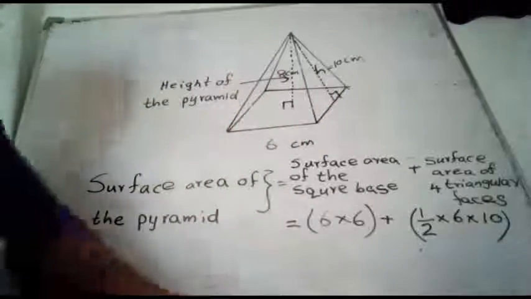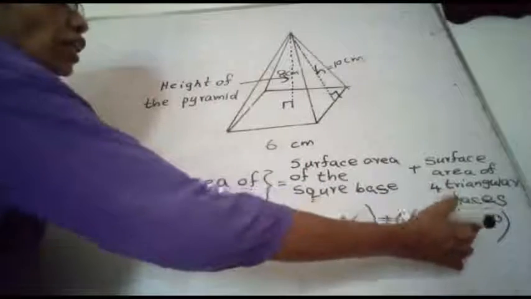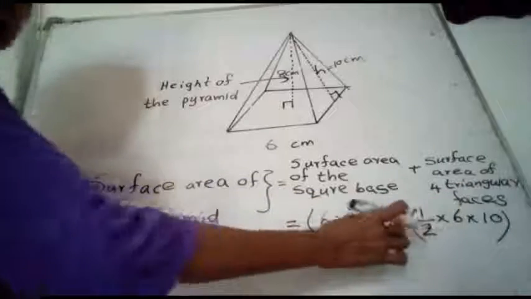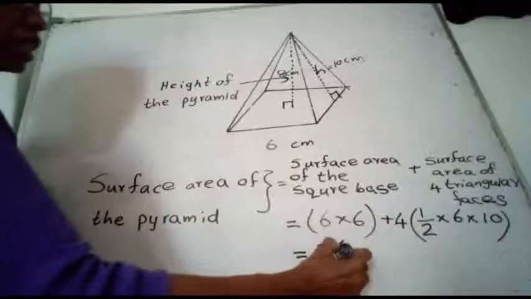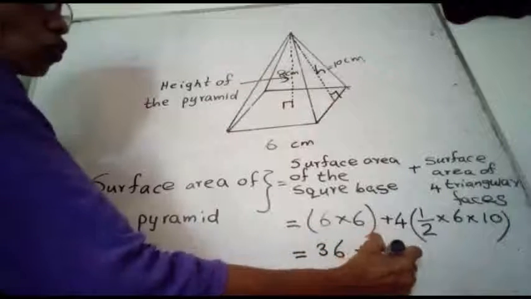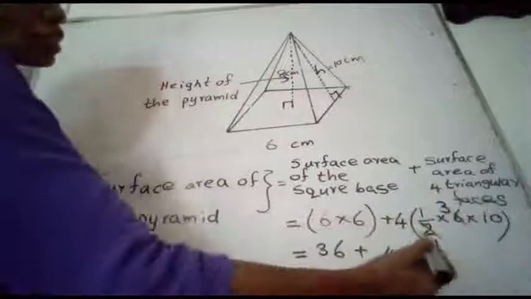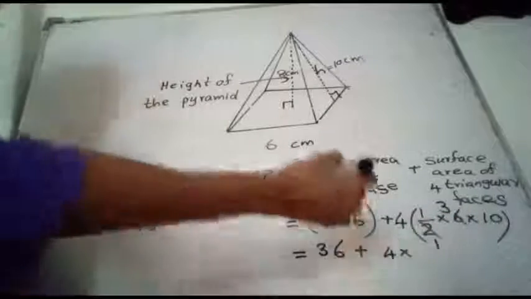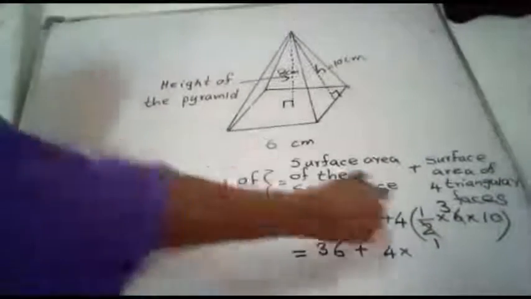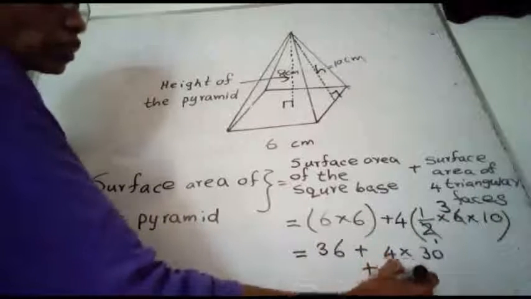Then this square base pyramid has 4 triangular faces. We multiply the area of one face by 4. Area of the base is equal to 6 times 6, 36, plus 4 times the area of one triangular face, which is 30. Each of them 156 centimeters.